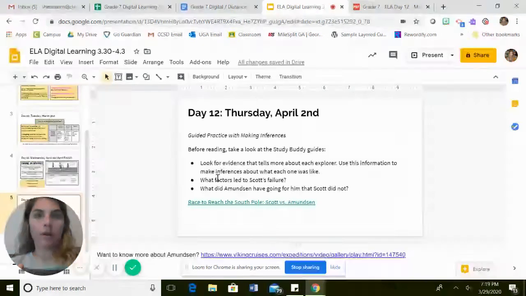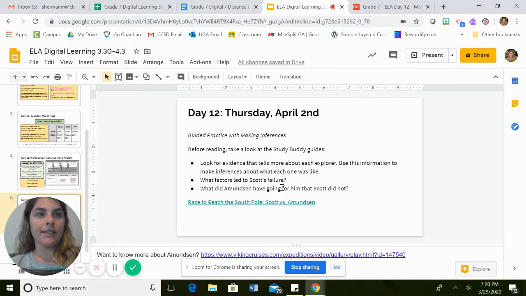The second question that we're looking for says, what factors led to Scott's failure? And then the last one says, what did Amundsen have going for him that Scott did not? All right, so that's going to help guide our thinking a little bit and help us focus on what we need to be looking for in our text.